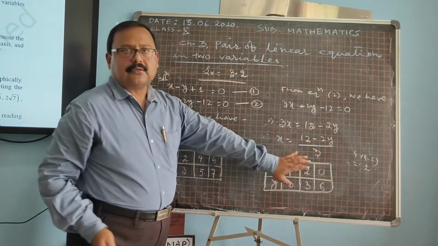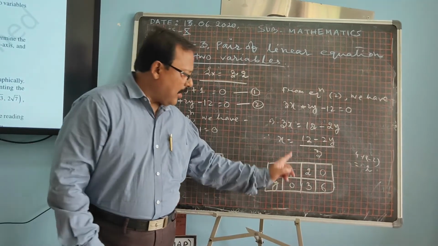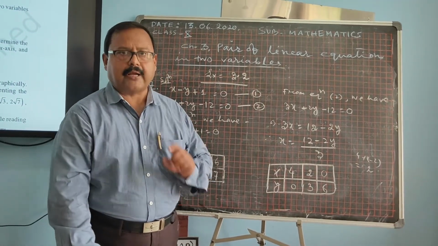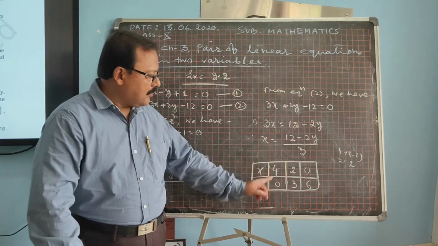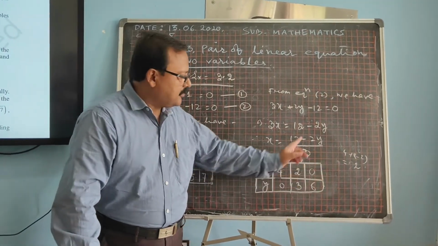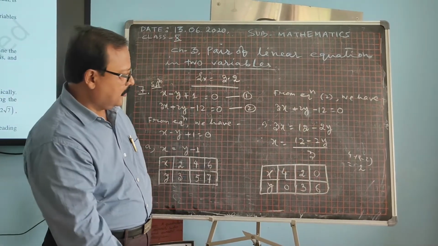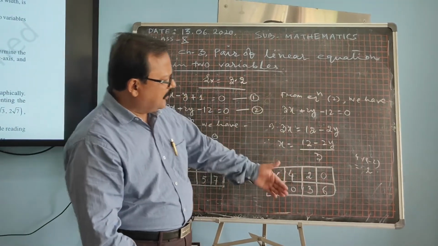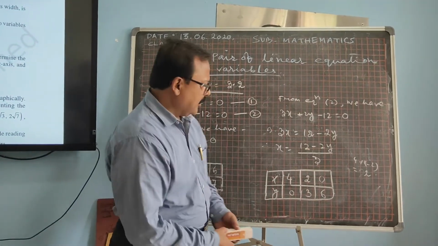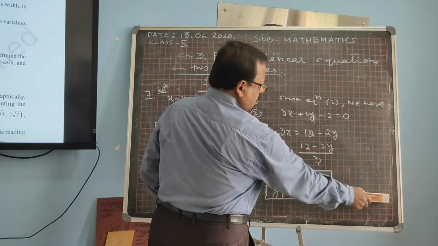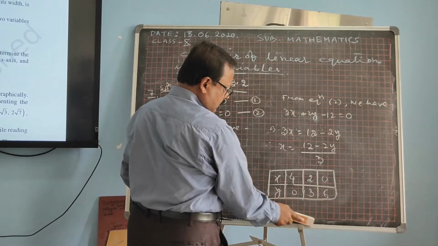Then in this way, you can find the other value. One value is required to find. We must find one value and the other points you can find by applying this technique. Okay, student? And otherwise, if you forgot, then you can find directly by the methods of solving how to find the point.